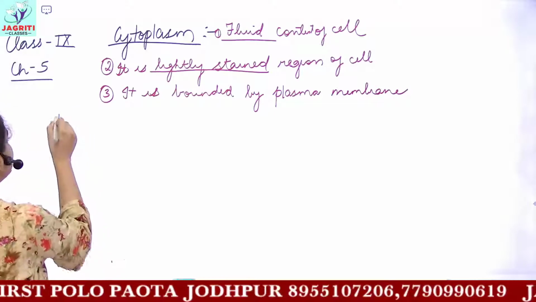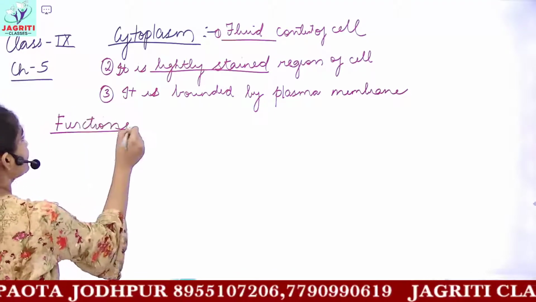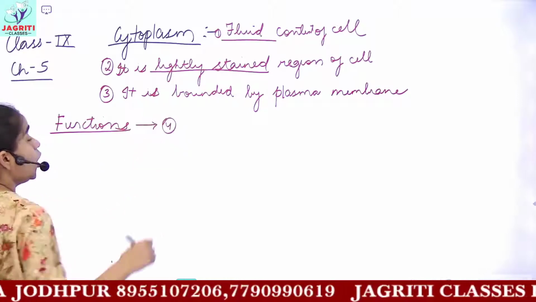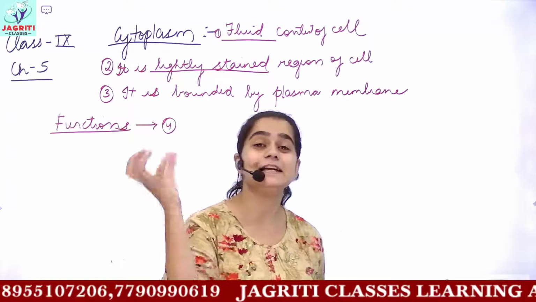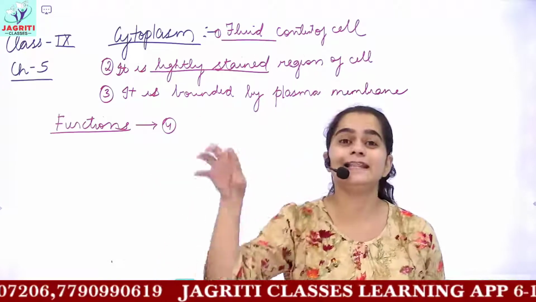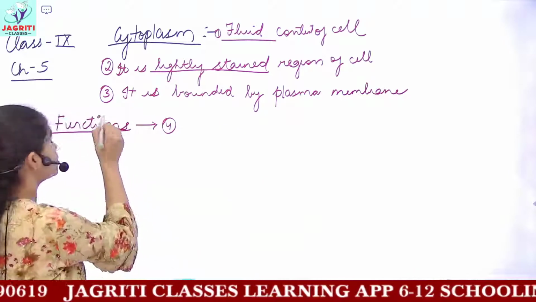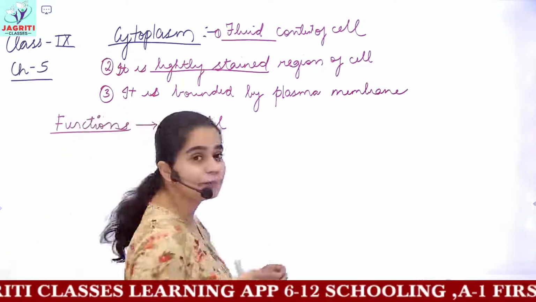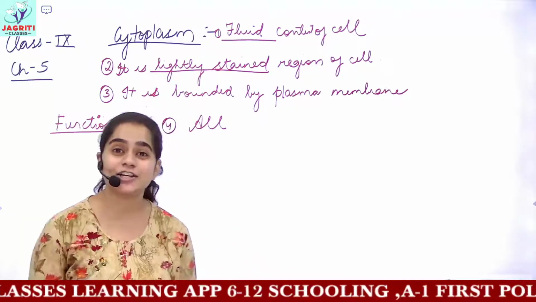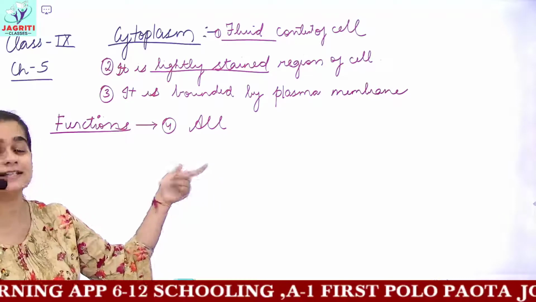Talking about the functions of cytoplasm, cytoplasm contains organelles. All the cell organelles present within the cell float in this fluid content of the cell, that is cytoplasm. So the function of cytoplasm is, firstly, all the biochemical processes or the metabolic reactions that occur within the cell occur in this fluid medium, that is cytoplasm.